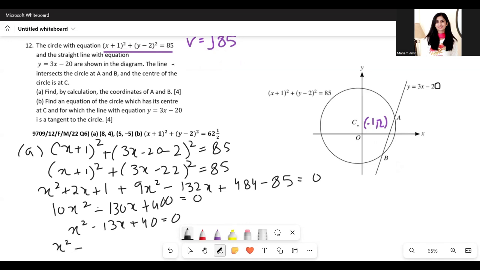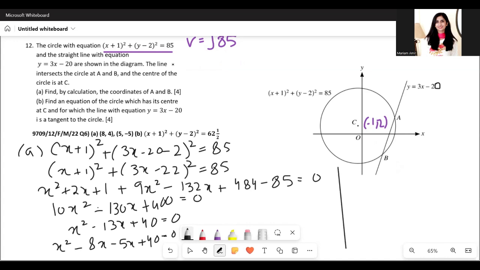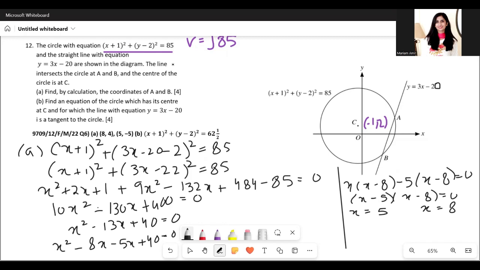For x squared, we can use 8 and 5: x squared minus 8x minus 5x plus 40 equals 0. And we get x(x - 8) minus 5(x - 8) equals 0. (x - 5)(x - 8) equals 0. And we get x equals 5, x equals 8.